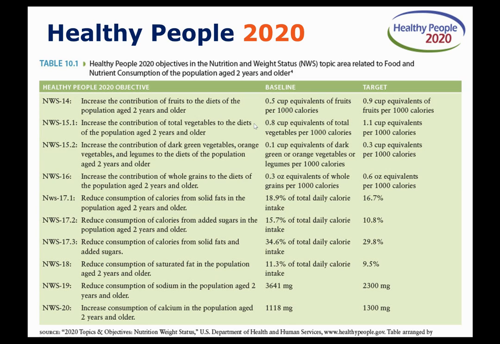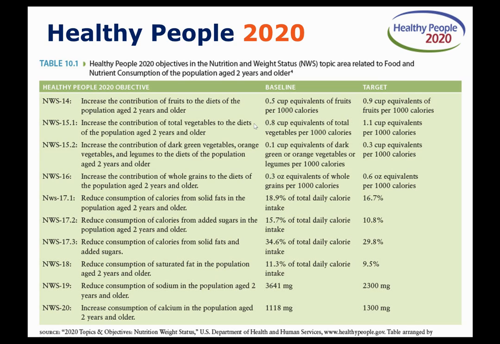So as a nation, Healthy People 2020 has addressed major barriers and nutritional shortfalls of our population, and they have a wide variety of objectives.